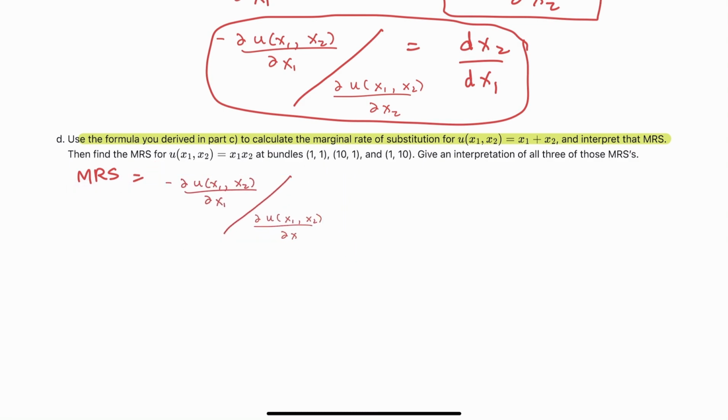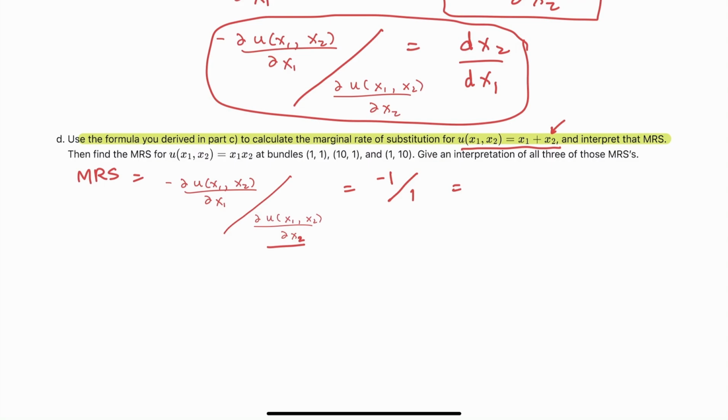So let's find the partial derivative with respect to x1 of this utility function. Well, it's just 1, and we treat x2 as a constant, so the derivative of a constant is 0, so it's just 1. Negative 1 divided by, and what's the partial derivative with respect to x2? That's also 1.